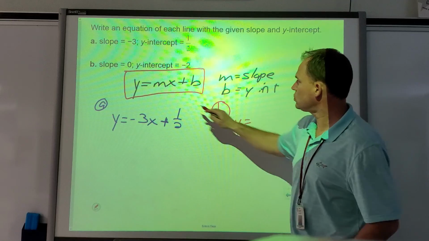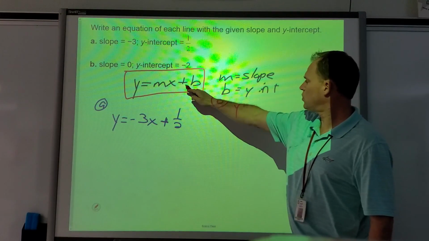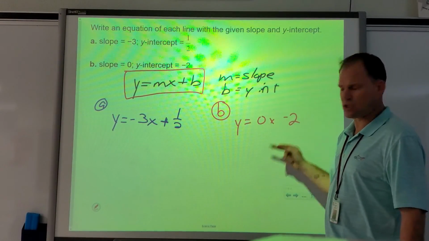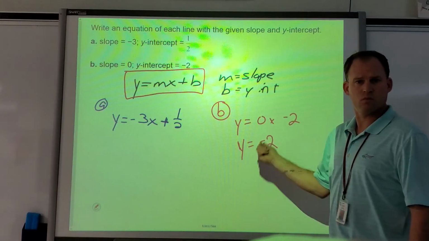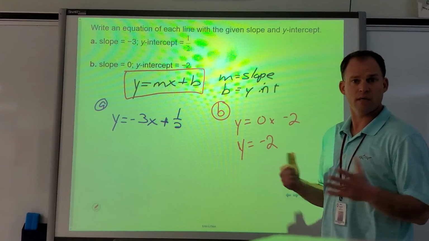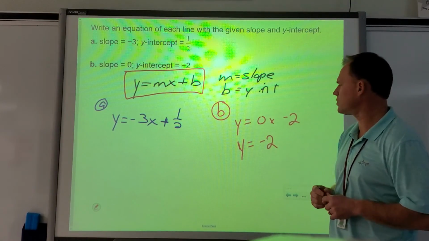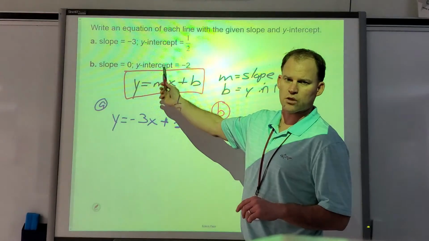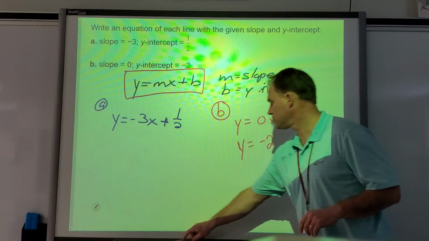Y equals, slope is 0, plus b, b is -2. Well, 0 times x is just 0. So we have a horizontal line. Okay, that makes sense. Slope is 0, horizontal lines have a slope of 0. That makes sense, all right? So we use y equals mx plus b as our general form, and then put the information where it goes.